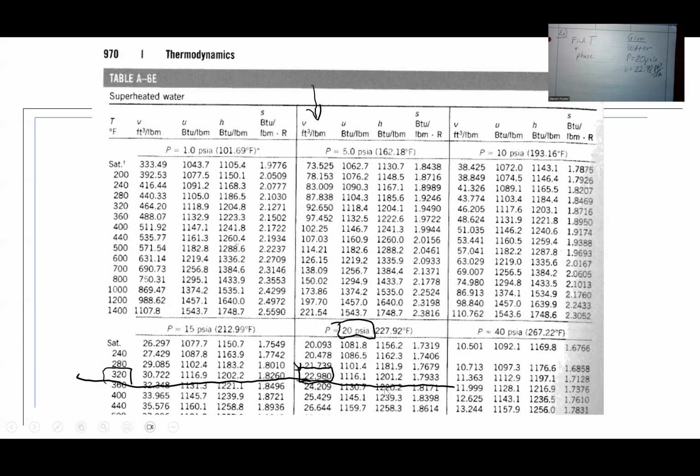Step 4 is record desired properties. I would record the additional stuff that I need. For us, all I need to know is that this volume and pressure combination corresponds to 320 degrees Fahrenheit in the superheated vapor tables.